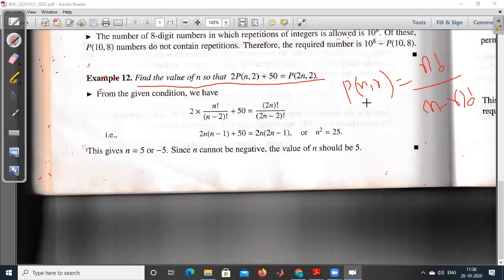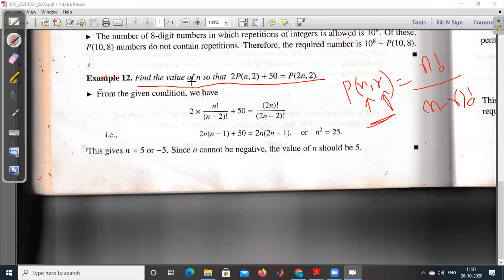The meaning of this is, from the given n objects, we have to choose all objects and arrange them in order. That is the meaning of permutation. That means from n given objects, you have to select all the objects and arrange them in a particular order.